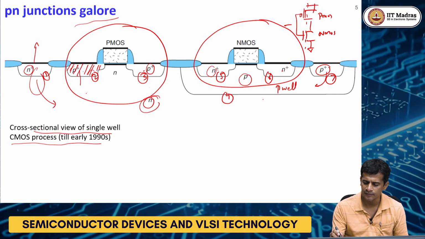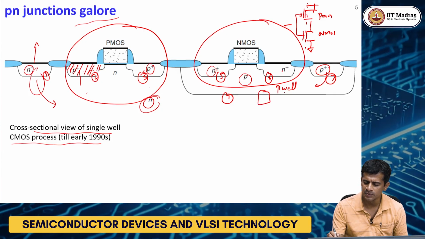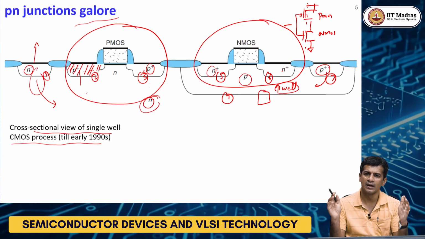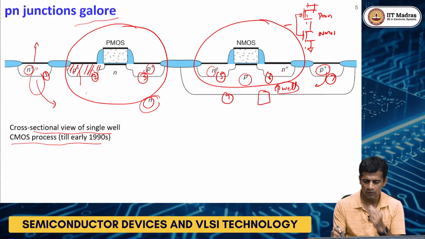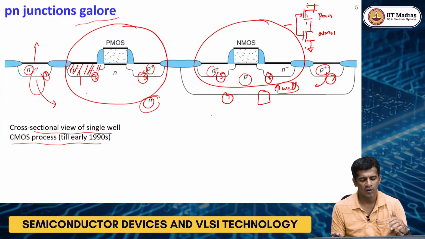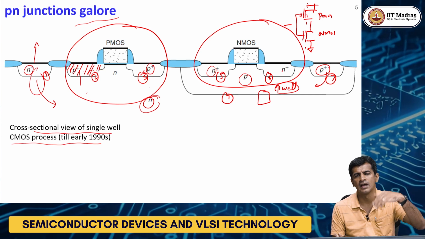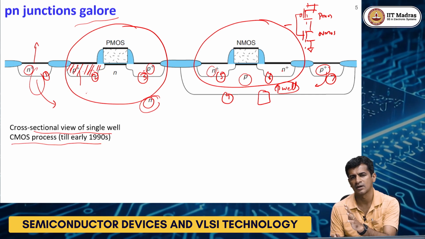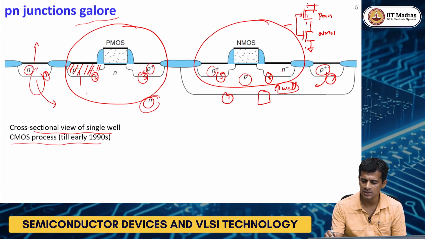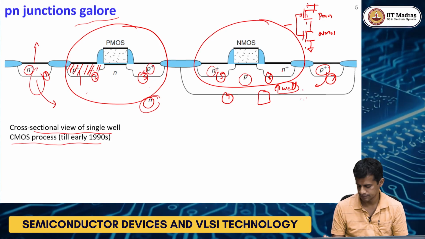That is here: this is a P well on an N substrate. So the well-to-well doping in a CMOS technology is lightly doped on either side. Everywhere else, it would be heavily doped on one side and lightly doped on the other side.